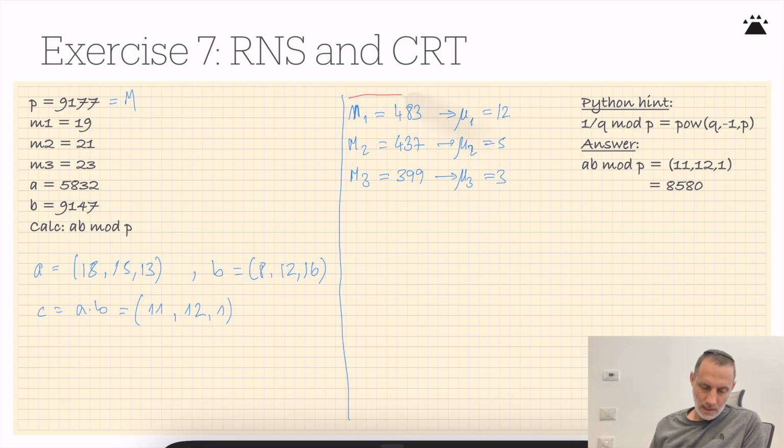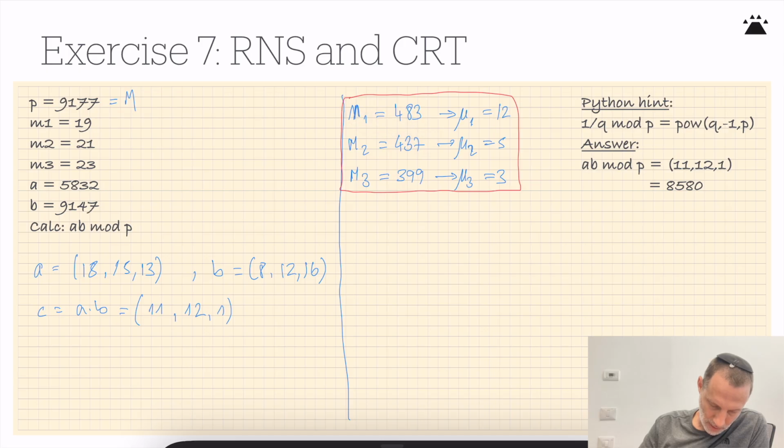And then CRT, for C. C is 11, 12, and 1.